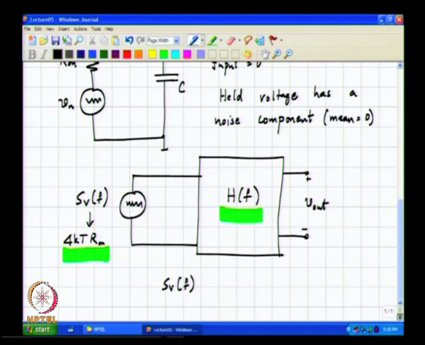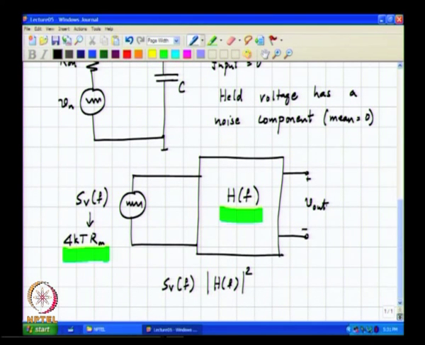Now, if I took this and passed it through an amplifier or a transfer function with a gain h of f, the power at the output will therefore be SV of f, which is the input power, multiplied by mod h of f the whole square, correct.